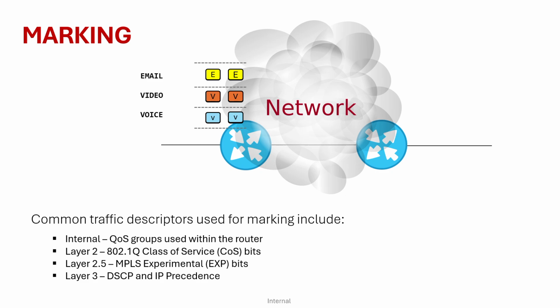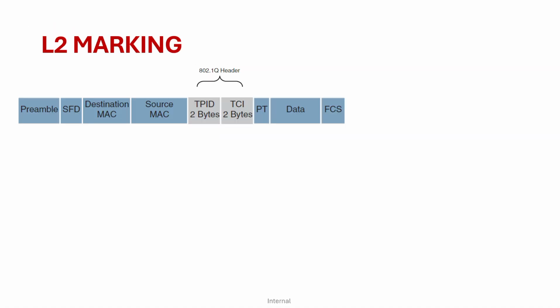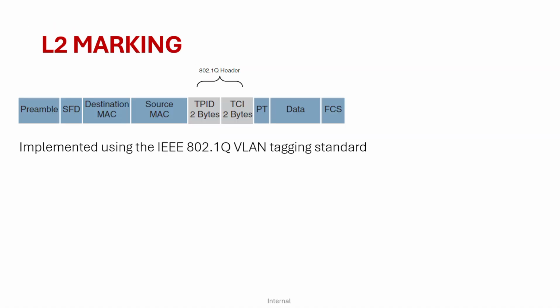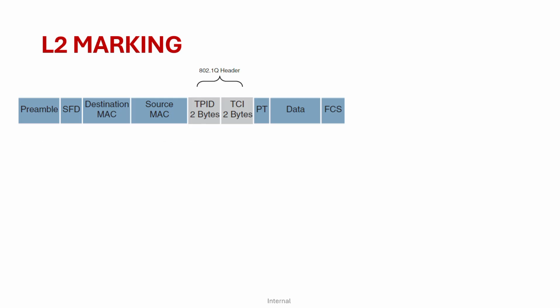So let's see what layer 2 marking is. Layer 2 marking in Ethernet networks is implemented using the IEEE 802.1Q VLAN tagging standard. Within the 802.1Q tag, there is a field called PCP, Priority Code Point, which is used for class of service marking.